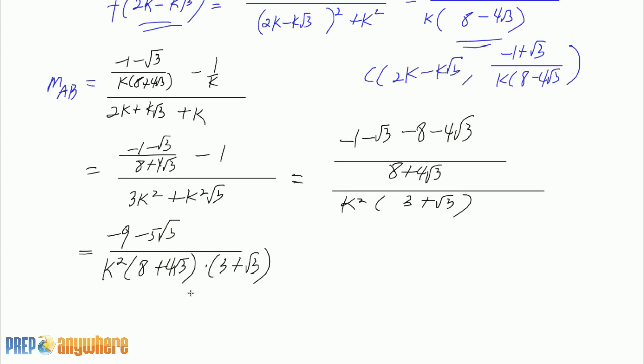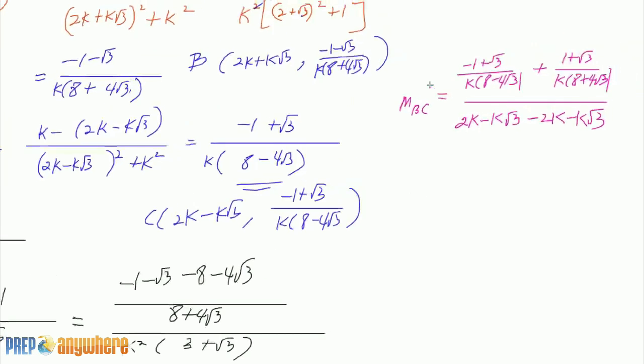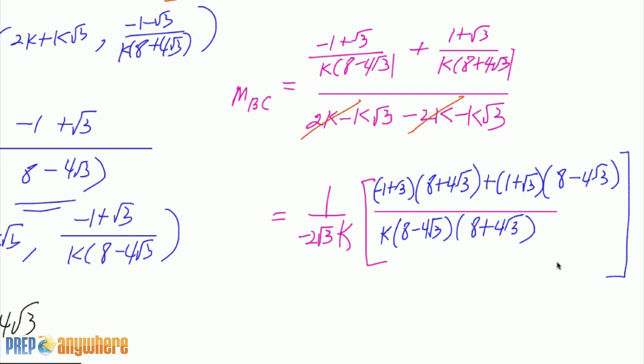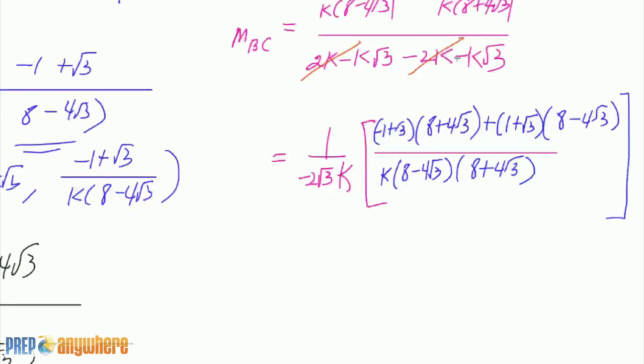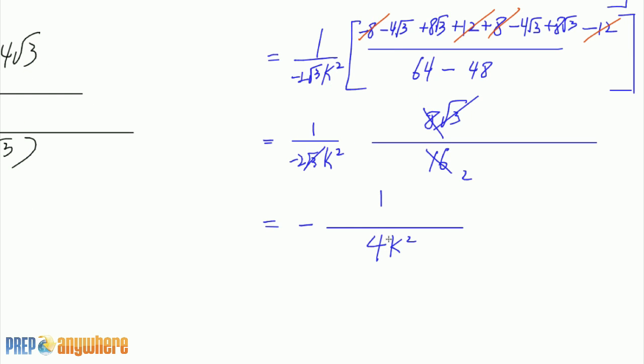Now you have to find the slope between A and C, or B and C. Yeah, that's what you get for the slope expression. Okay, so we can cancel these two out. Okay, so that's the next step. So it simplifies to that.